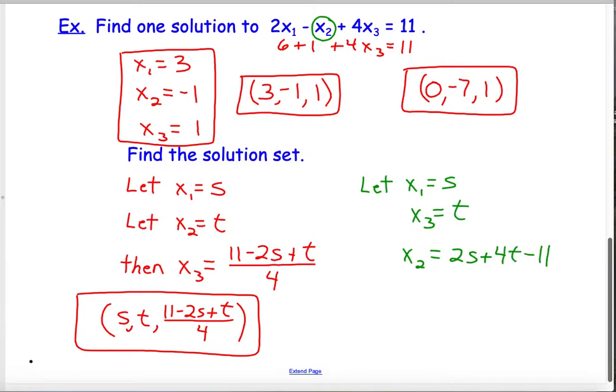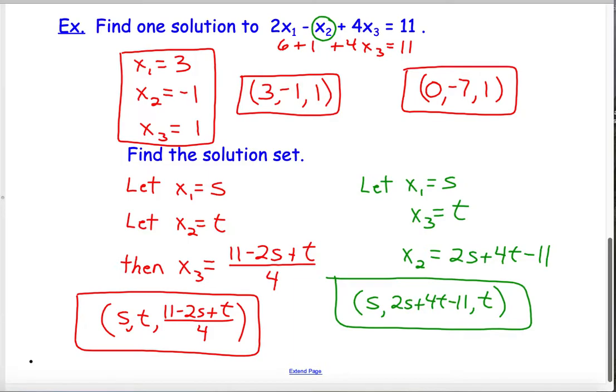So we could represent the solution set for this linear equation as s comma 2s plus 4t minus 11 comma t. So that would be acceptable as well. So you can see there are different ways we can represent these. Now for either of these, if you pick a value for s and t and plug it in, you will get an ordered triple that satisfies that equation.